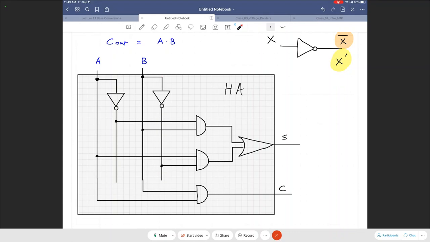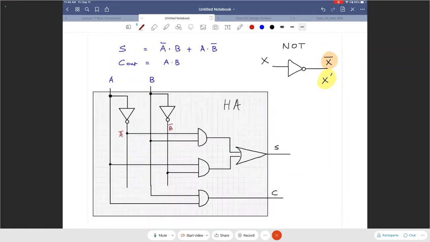So I've got A complement ready. B and B complement ready. Then I drew three AND gates. Why did I do three AND gates? I needed one for this, and one for this, right? So I got one for this, and one for that.